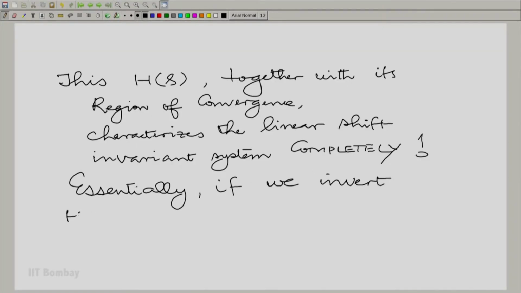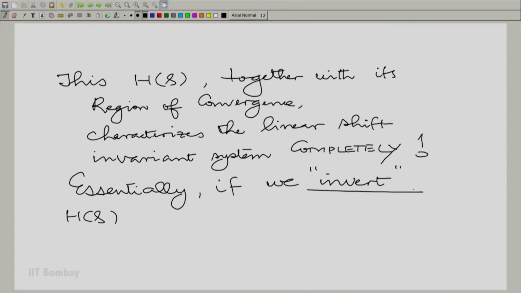Essentially, the word "invert" has to be put in inverted commas, because if we invert H(s), meaning if we can go back to h(t) from H(s), we have not indicated how we would do that as yet.